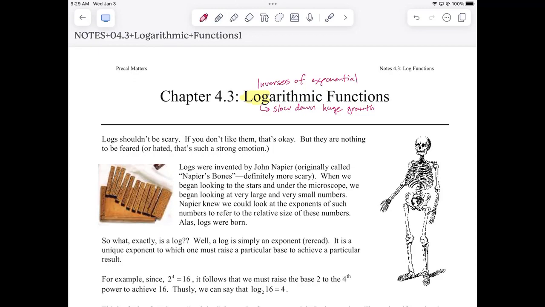You also have people looking under microscopes at the time where the numbers are really small, like 0.00000. So what Napier said is, hey, if we're looking at these really astronomically large numbers or these microscopically small numbers, we can bring them up to a level playing field, and we can start looking at the exponent as the size of that number, a relative representative of the number.